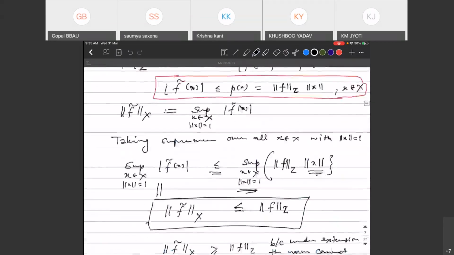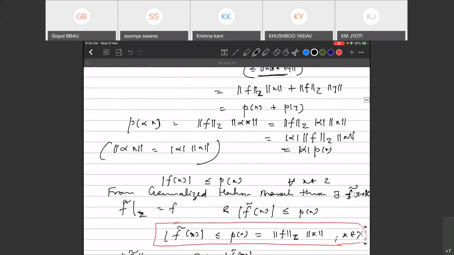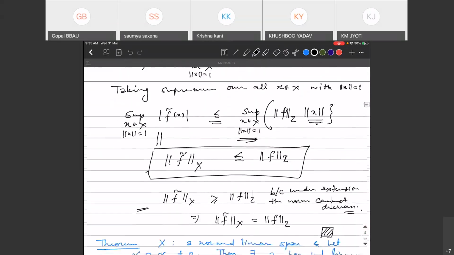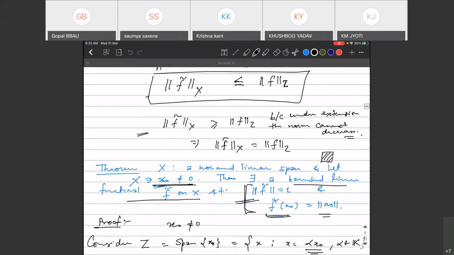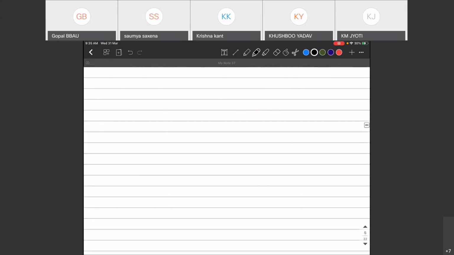So we will use the theorem, this one, that for every non-zero vector, we can find a bounded linear functional such that the norm of f is 1 and f(x) equals the norm of x.